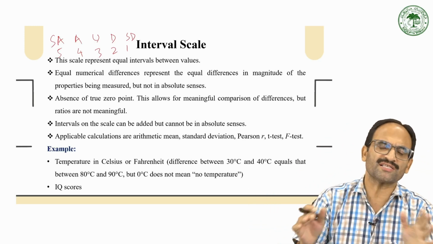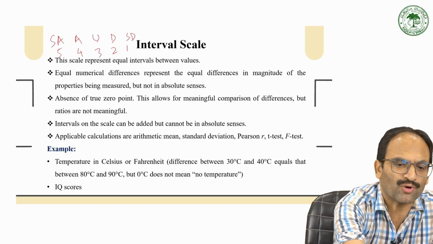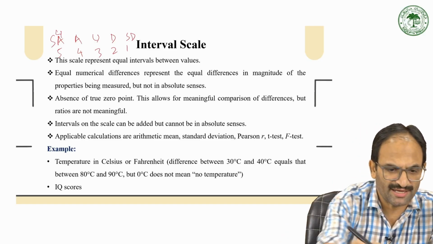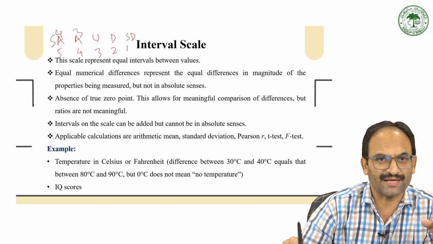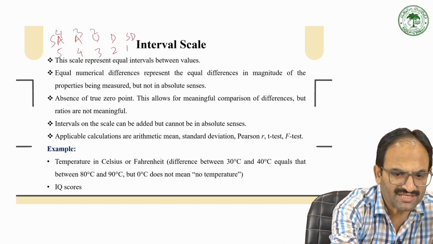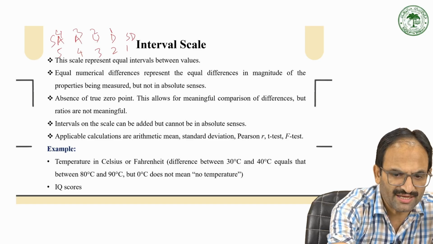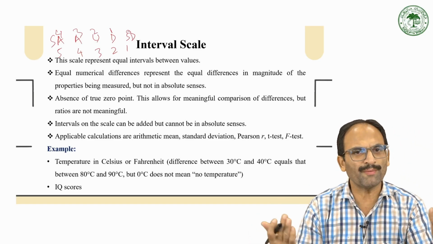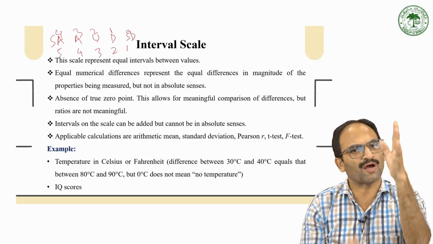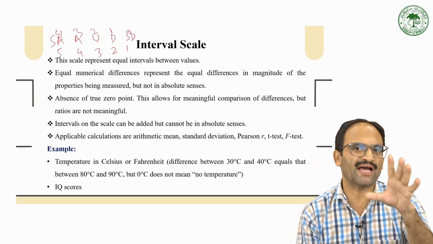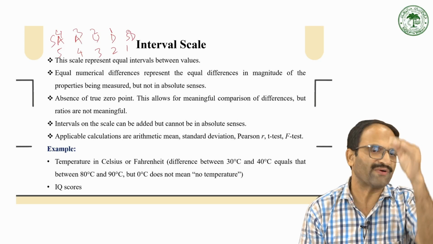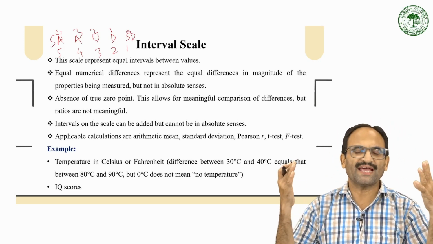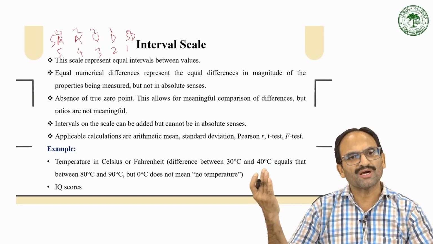So it is not necessary that I am putting this scheme. I may put like this. I may give 4 to strongly agree, 3 to agree, 2 to undecided, 1 to disagree, and 0 to strongly disagree. Again, no problem. I will collect their opinion on all the 30 items, and finally I will be putting some score, and I will be finding the sum, and that sum will in total tell me whether they have positive or favorable attitude or not.